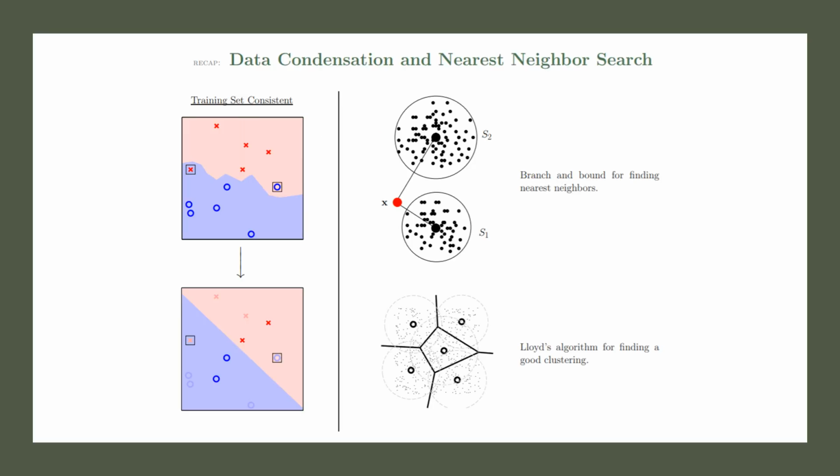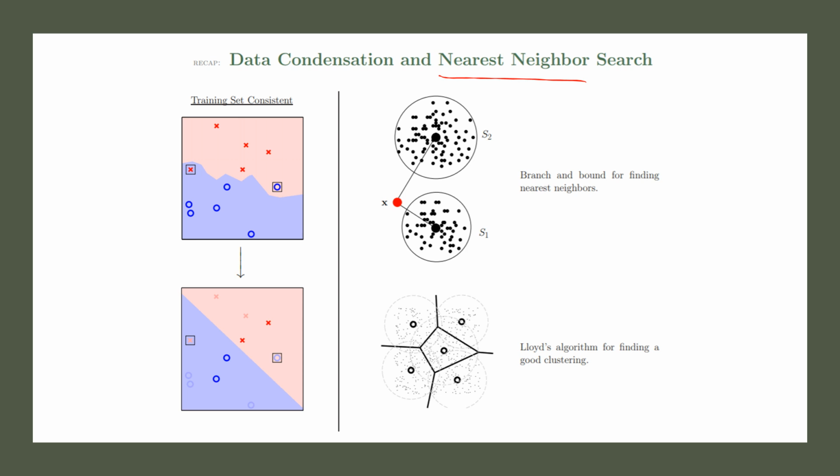Let's quickly recap what we did last time. And in fact, this relates really well to today's lecture as well. Last time we dealt with memory and computational issues with the nearest neighbor algorithm, but then we figured some really effective methodologies of dealing with these two issues.